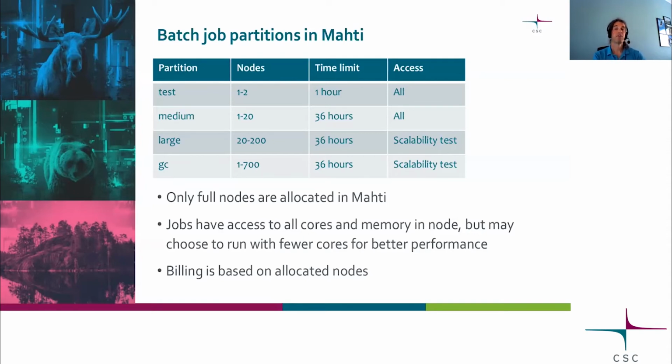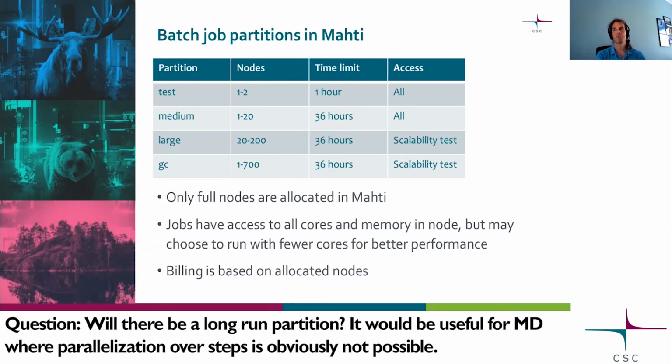And then for even more special cases, in connection with the forthcoming Grand Challenge goal and Grand Challenge projects, it might be possible to run with more or less half the machine with up to 700 nodes. And as said, the billing is always based on allocated nodes. All the jobs have access to all cores and memory on the node, but may choose to run with fewer cores for better performance.